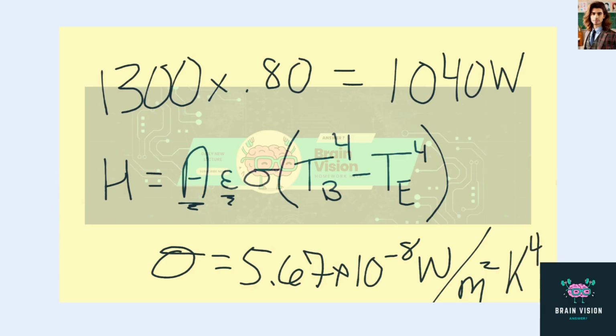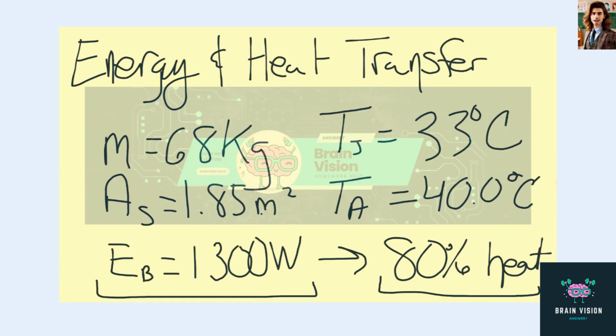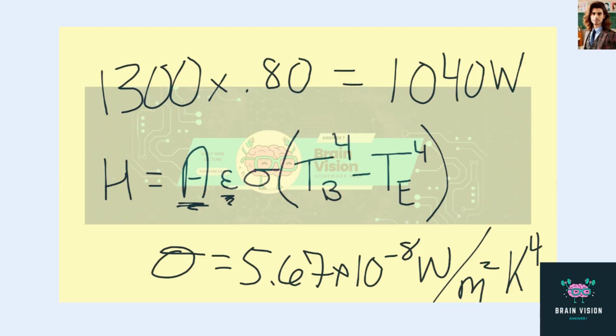Okay, and we have all these values. We have our surface area, that was our 1.85 meters squared. Emissivity is epsilon. Sigma we just gave a value for. Temperature of the body was 33 degrees Celsius. Temperature of my environment is 40 degrees Celsius. Make sure you convert these two temperatures into Kelvin before you do this calculation.